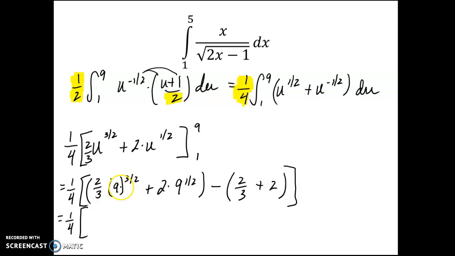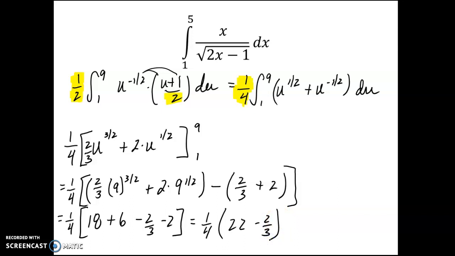Square root of 9 is 3. 3 cubed is 27. 27 divided by 3 is 9. 9 times 2 gives me 18. Square root of 9 is 3. 3 times 2 gives me 6. Minus 2/3 minus 2, just distributing that negative. 18 plus 6 is 24. Minus 2 gives me 22 minus 2/3.